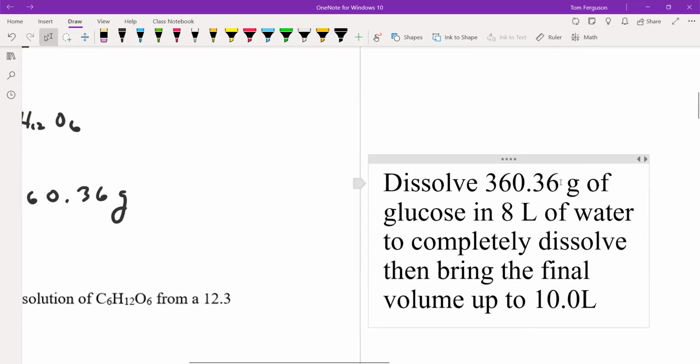And it's 3 sig figs, so we need to do that. So that's the answer. Don't just give me numbers. I wanted a discussion or a description of how it's to be made.